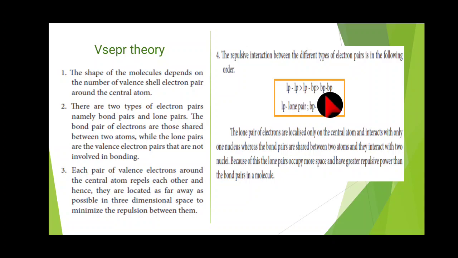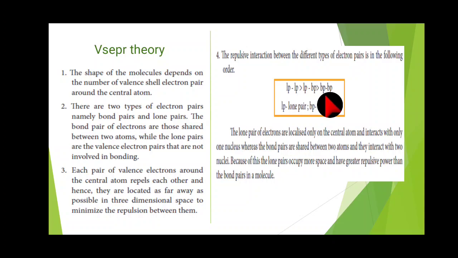So in a molecule, if lone pair electrons are present, the interaction will be greater, right? For example, in the water molecule, oxygen has 2 lone pairs. So the water molecule will not give a linear shape, it gives an inverted V shape, because the lone pairs push the bonds between oxygen and hydrogen down.